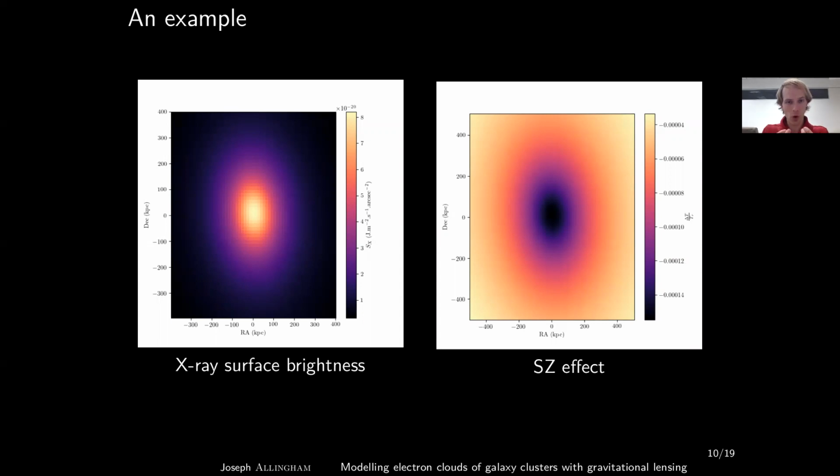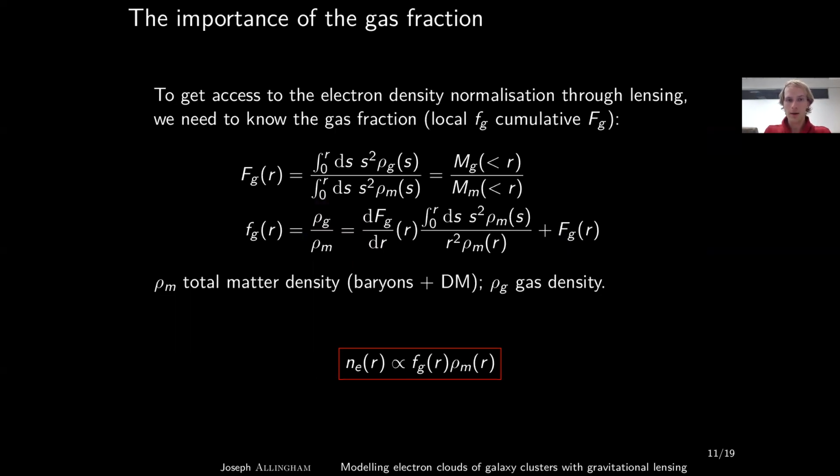I'm going to explain a bit more how, but you can see that the ellipticity traces that of lensing, of course, and the core radius also is coming from lensing. So there is a missing parameter here, though, if we want to use lensing to infer the electron distribution with these canonical classical models, and that is the electron distribution coming from the gas fraction.